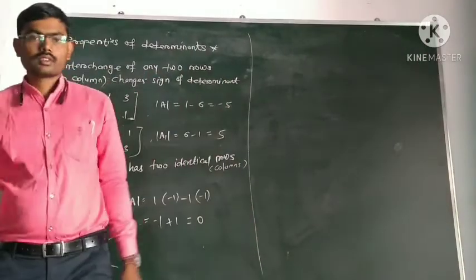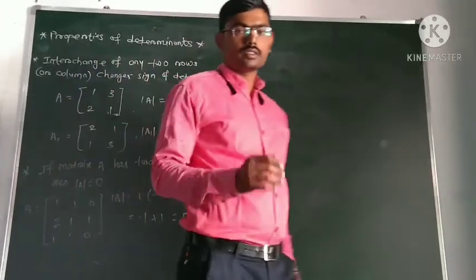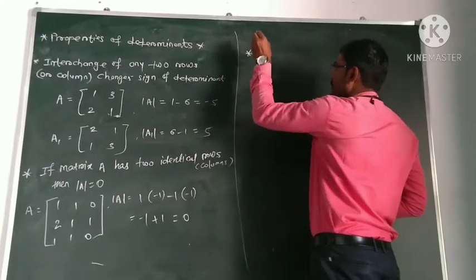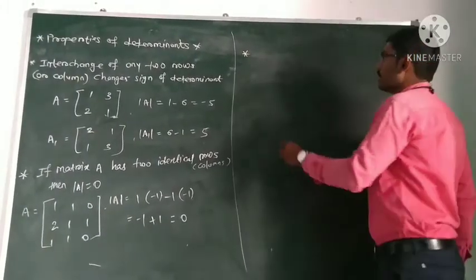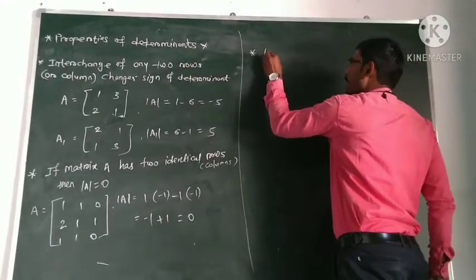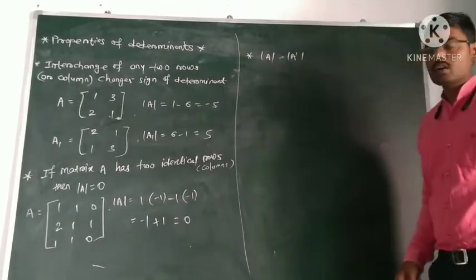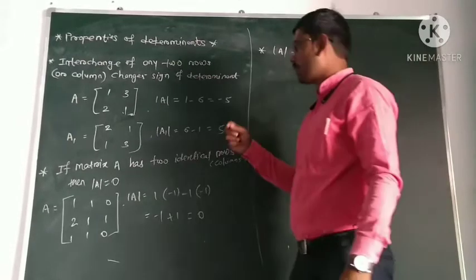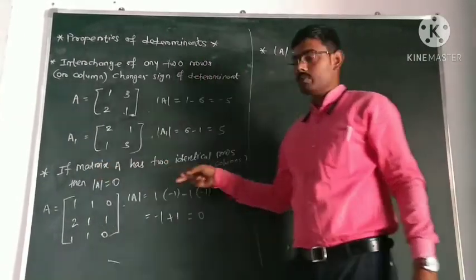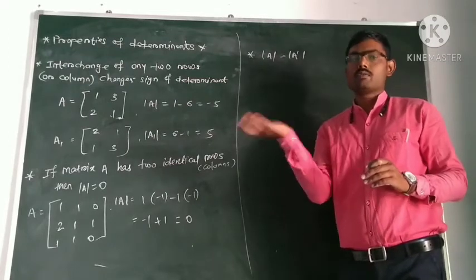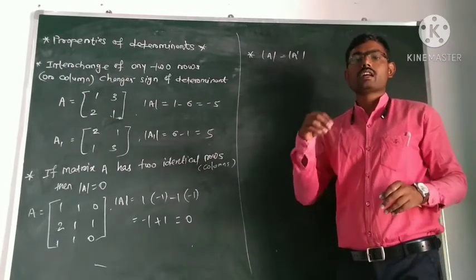Okay. Now we will see another property. The determinant of A is always equal to the determinant of A transpose. Or we can say in other words, if we interchange rows with columns or columns with rows, then the determinant is unchanged.